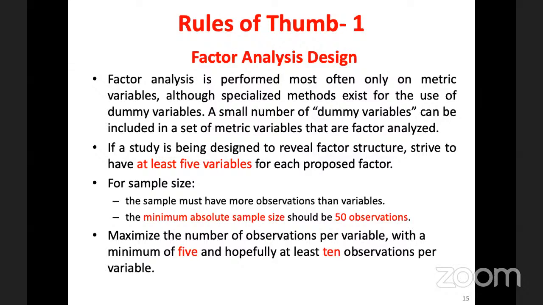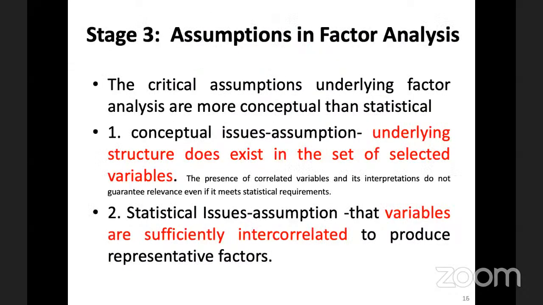For sample size, for one variable there should be at least five respondents available; however, 10 respondents are considered better. And in any case, at least 50 observations should be there. That is the rule of thumb given by these authors and others who have used factor analysis.